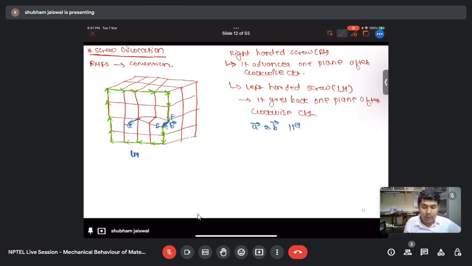After that, we have noted down some characteristics of the Burgers vector. So what is the Burgers vector? It is the shortest lattice translation vector. Second, it is also the same as the slip vector.